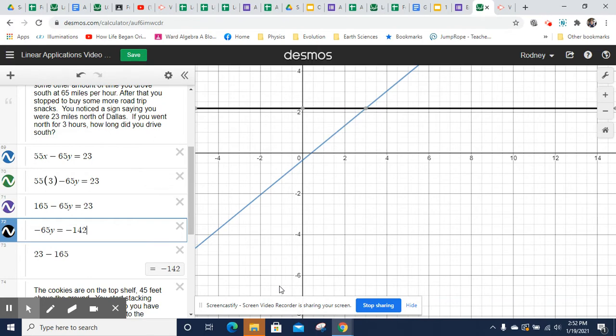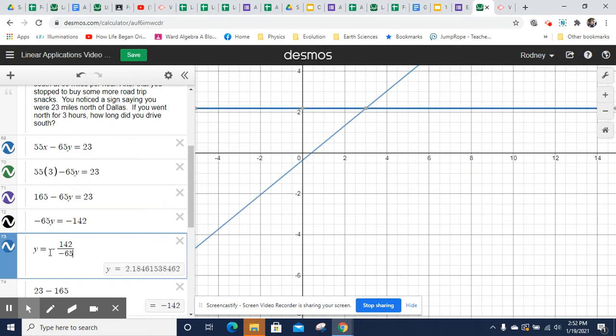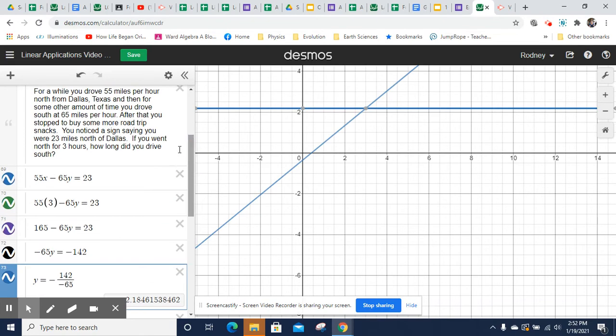And then, of course, the negatives can be dropped on both sides. We'll be dividing both sides by a negative, but let's go ahead and do that. y equals negative 142 over negative 65. And you get 2.1 and so on, and we'd probably round it to something like 2.2 hours. So you would have had to have gone 2.2 hours going south at 65 miles per hour for this road trip situation to work.